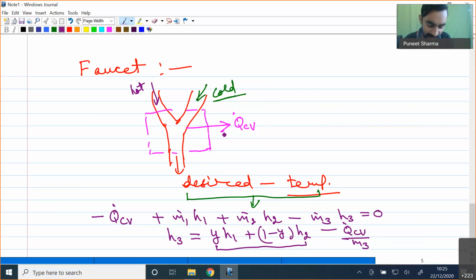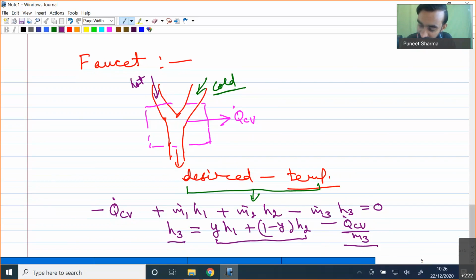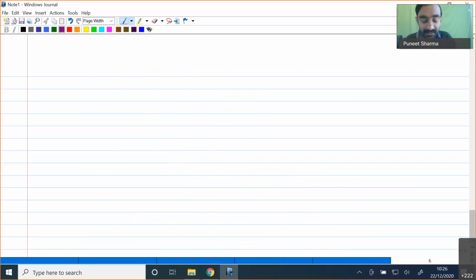It also matches physically: when we take a certain amount of heat out in addition to the mixing, the overall enthalpy content of the outlet stream decreases. In the reverse case, if we add heat, then obviously the enthalpy value will increase. So this is about the mixing process.